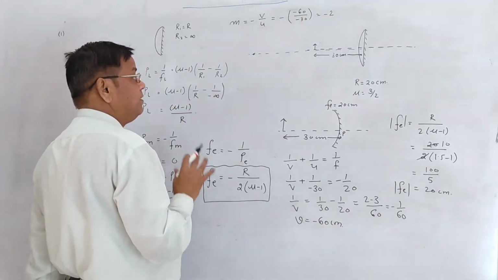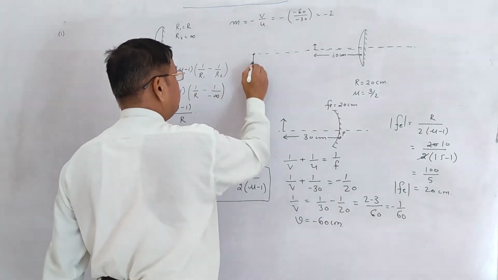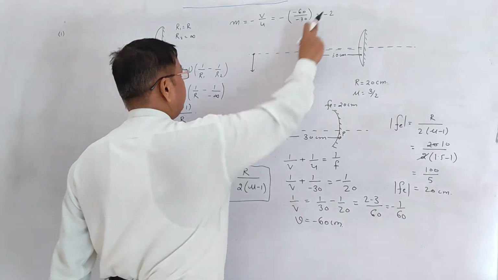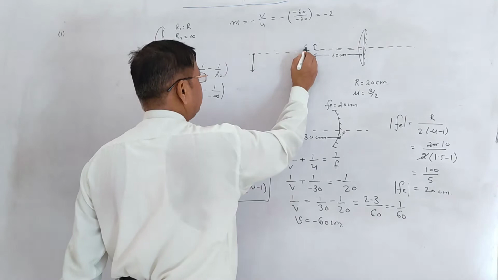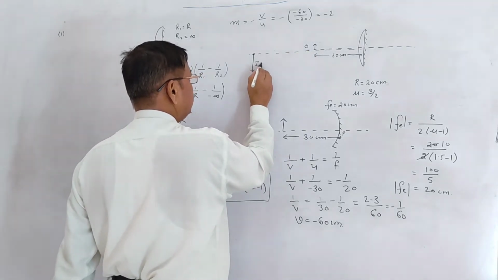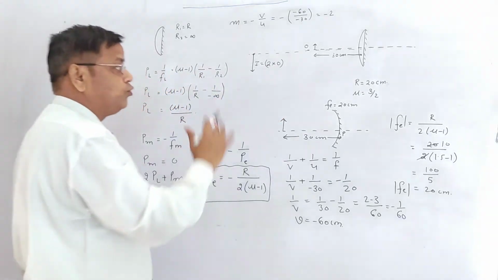So M is negative, it means the image will be inverted, and it will be twice the size of the object. So if the object size is O, then the image size will be 2 times O. So that is how you are going to solve.